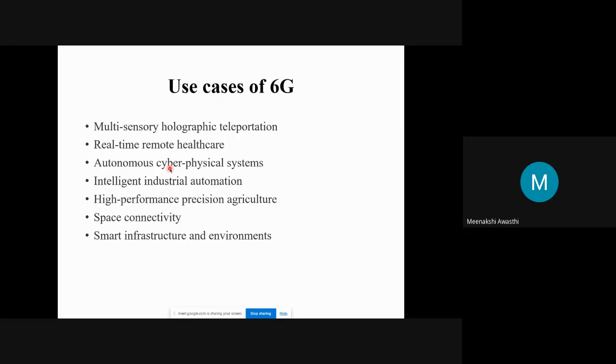Autonomous cyber-physical systems are also a very new area of sixth generation, along with intelligent industrial automation, high performance precision agriculture, space connectivity, and smart infrastructure and environments. These are the use cases of sixth generation on which we can do research and start thinking.